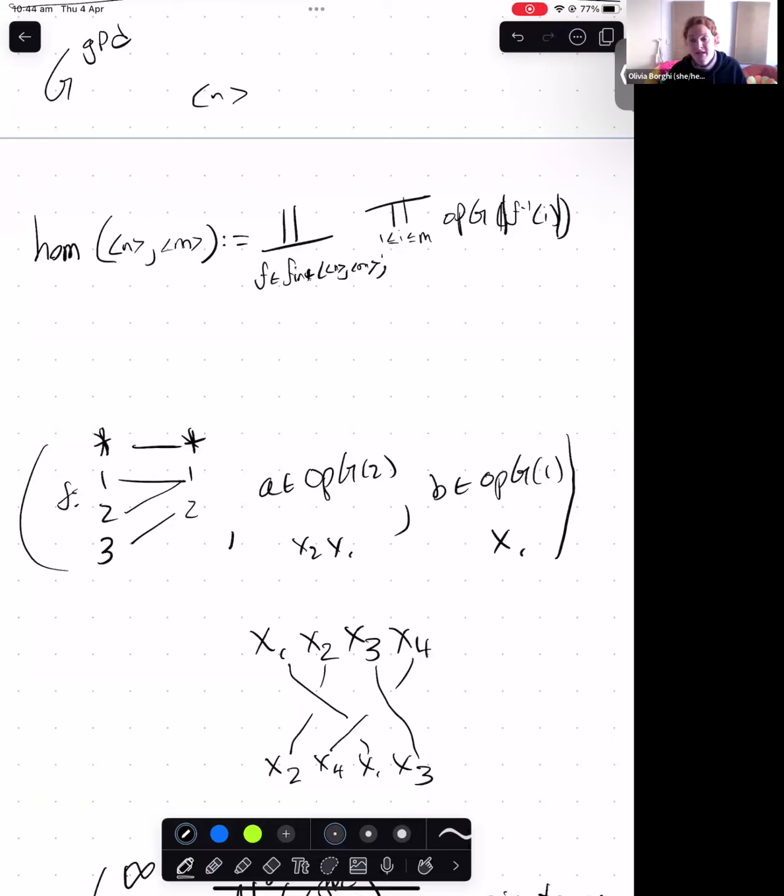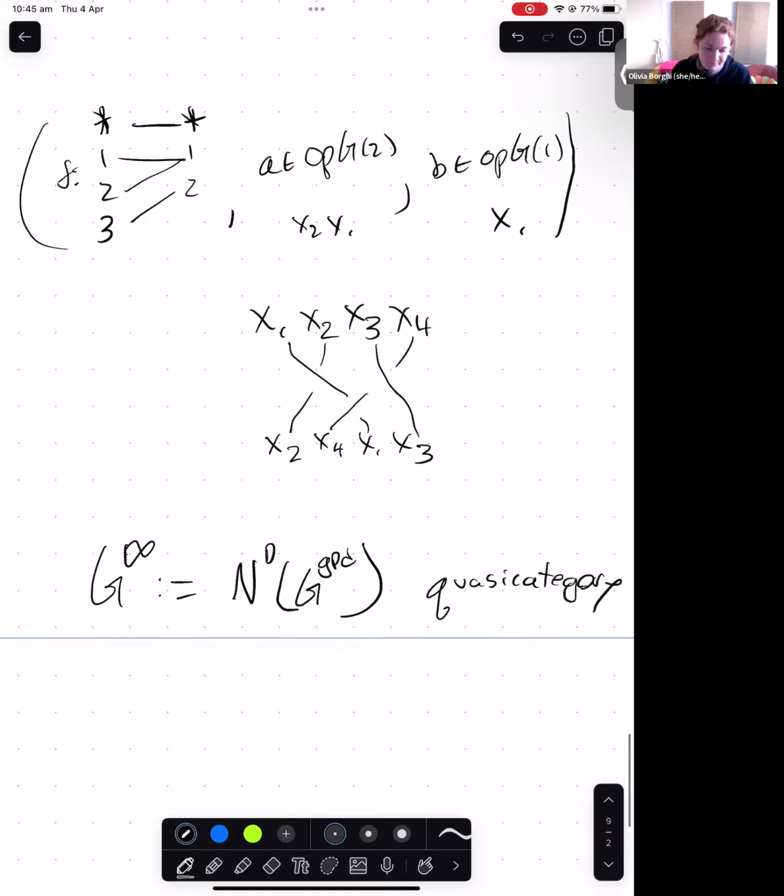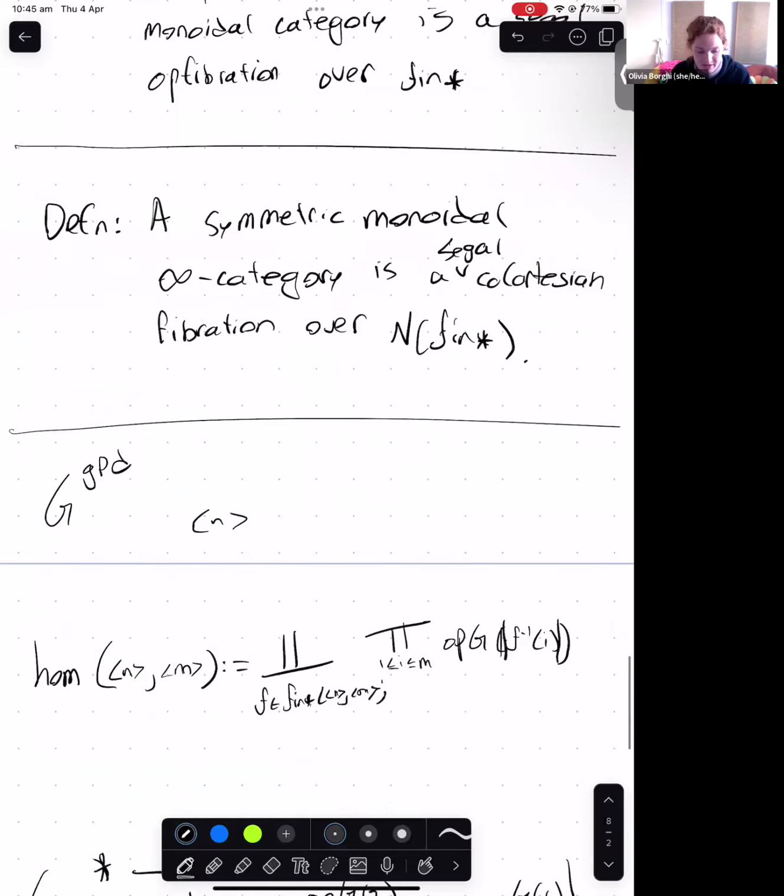This is true. It does give a different definition. It's going to be isomorphic, though, because all of these Hom groupoids are completely contractible. Or equivalent. Sorry, equivalent, not isomorphic. Yeah, good question.